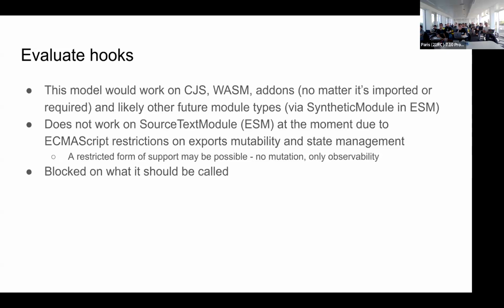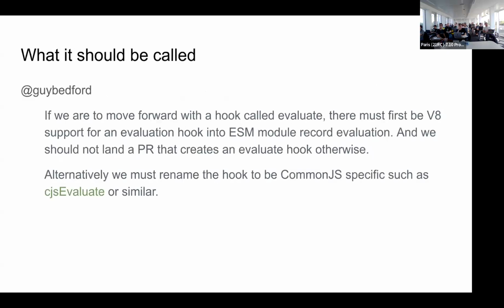So the pull request is currently blocked on what it should be called. Guy Bedford could not attend, but he left a comment about his final position on this. His summary is that if this hook needs to move forward with a name called Evaluate, it must have full support for module record mutation, basically the same thing as the other hooks have.